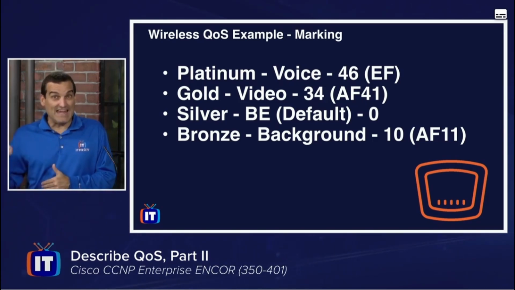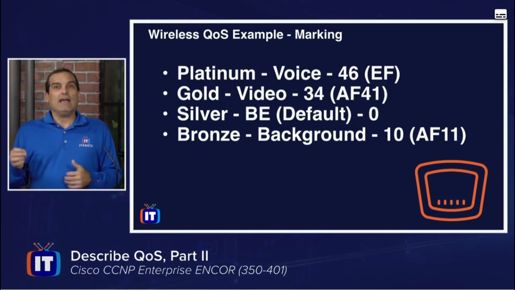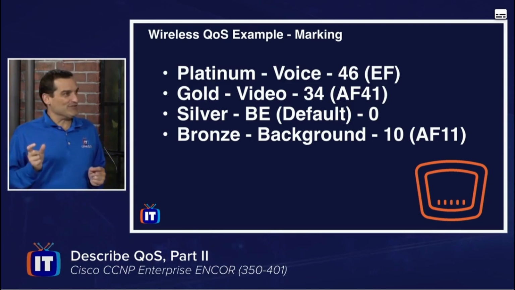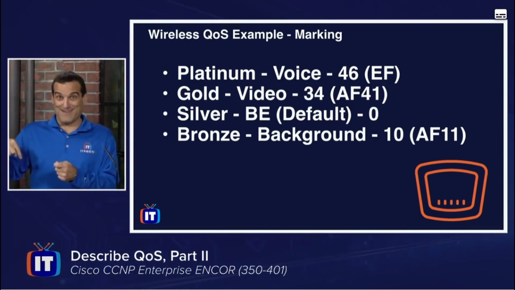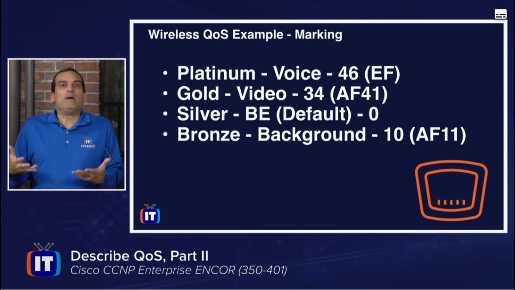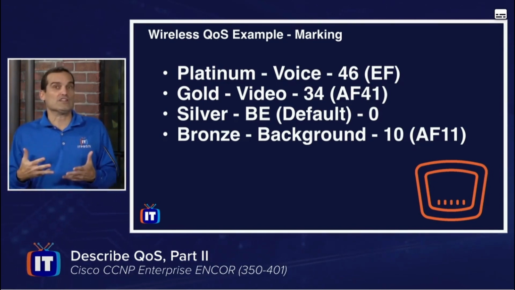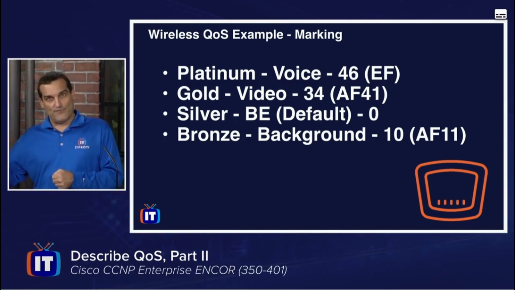Notice it's AF, Assured Forwarding Class 11 that is used. That gets a numeric value of 10, and yes, that is referring to how the bits are set, by the way. That's pretty cool. Silver class might be best effort, unmarked. Gold class, maybe that's reserved for video, and it gets an assured forwarding of 41.